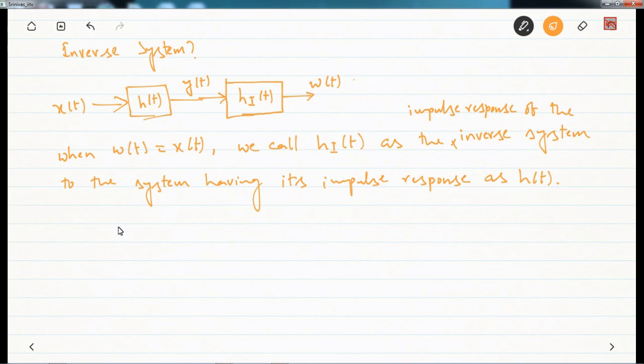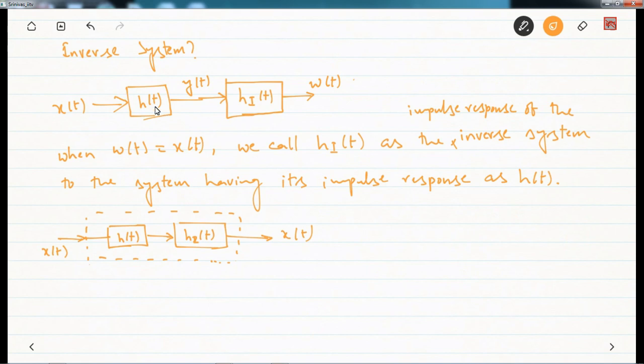So as per this, that means if we give x of t, and the first system is h of t and the second system is hi of t, the output we are getting is x of t, right?